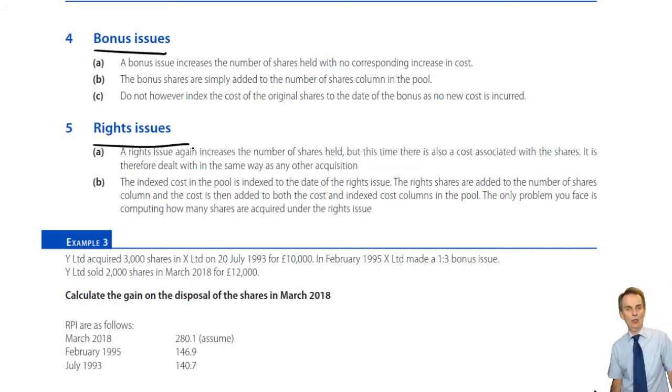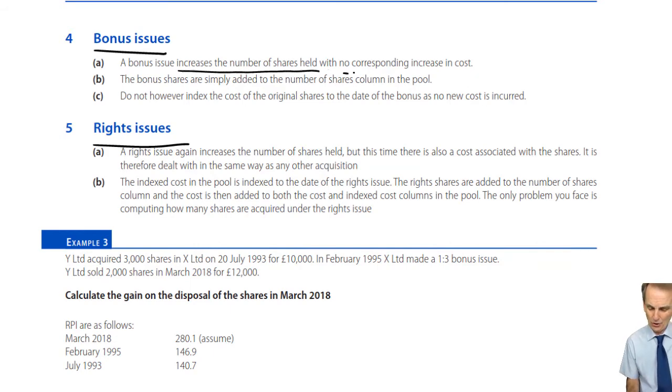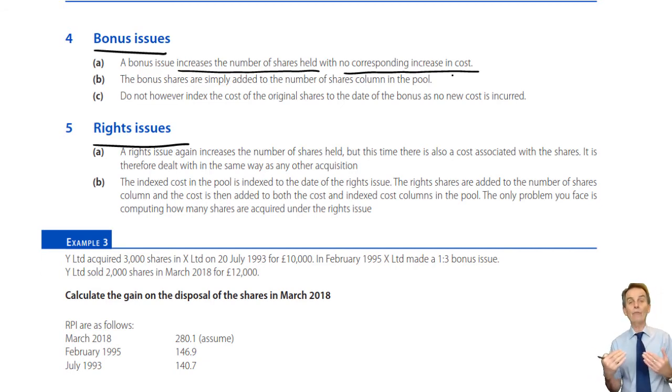Firstly, the bonus issue. This is by far the easiest one to do. A bonus issue, as you should already know, increases the number of shares held, but there's no corresponding increase in cost. There's no change in cost. These are free shares, bonus shares, being issued by the company.